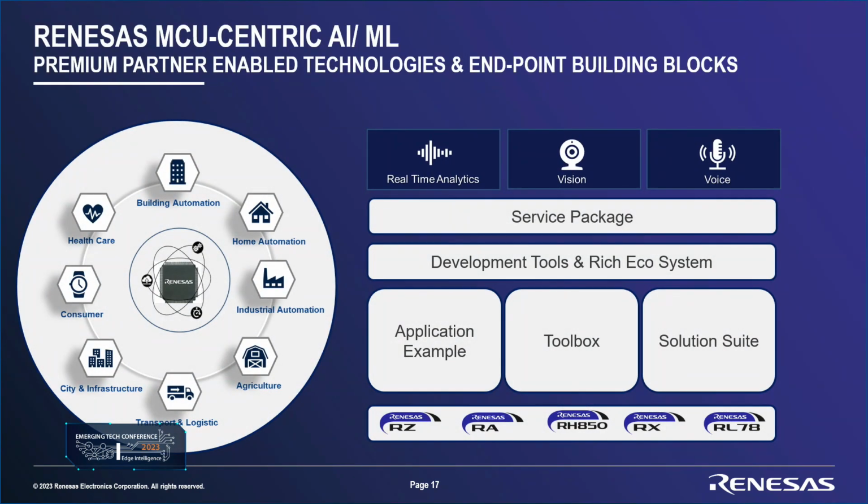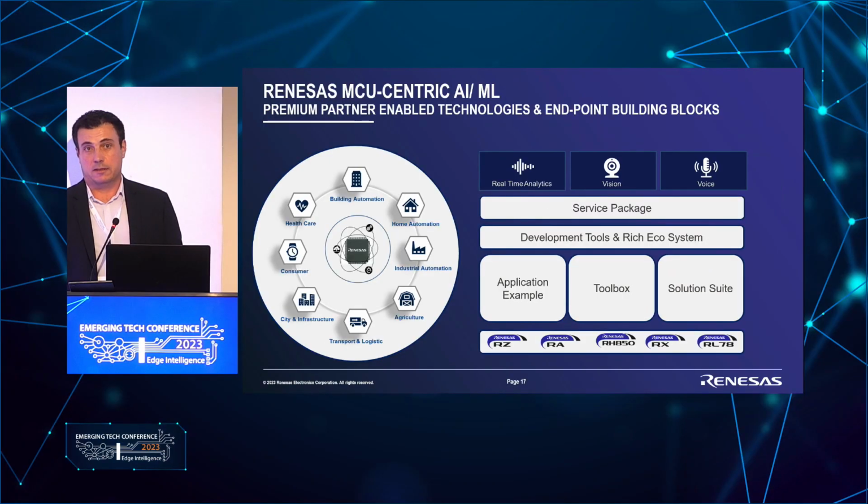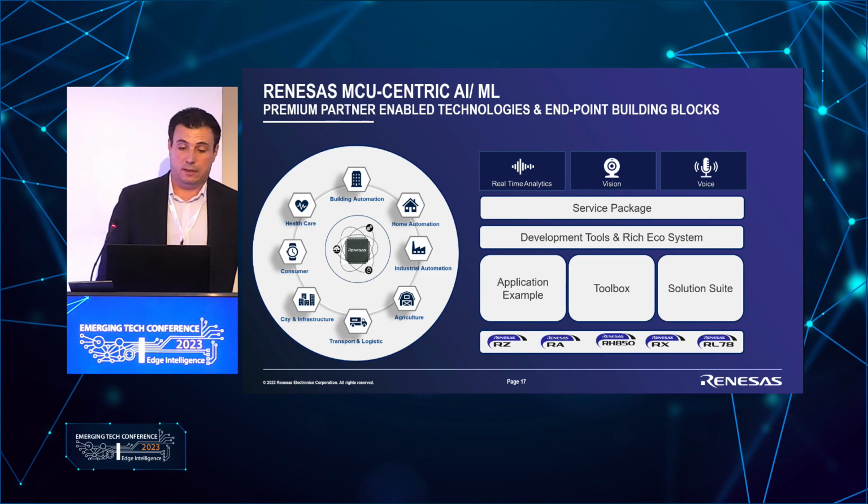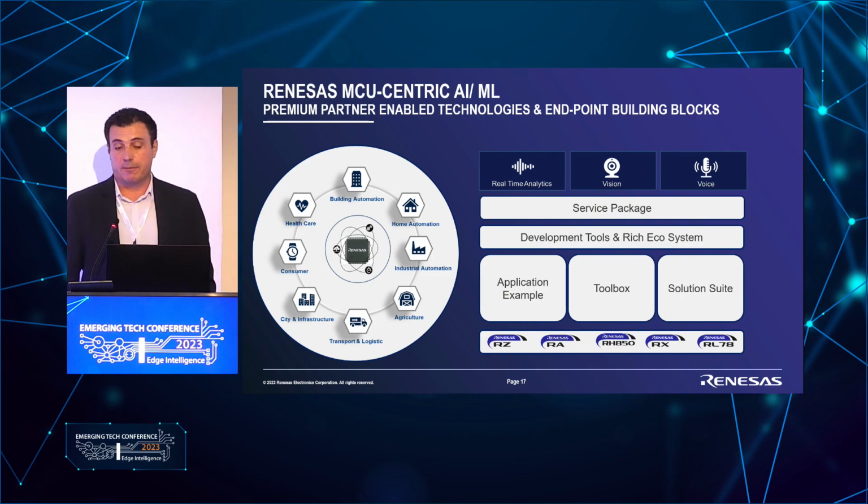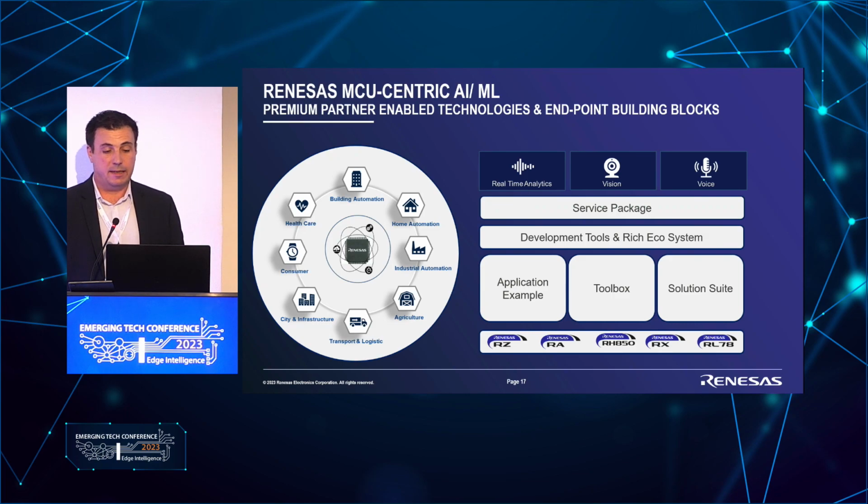The way that we see that, again showing all the flow and the areas where we are active, is that we are able to support products with a service package, with development tools, and of course with an ecosystem to provide application examples, toolboxes, and solution suites that support the whole lineup of our devices, starting from the RZ, one of the high-performance computing devices that we have, going to the RA, which are the ARM-based devices, and RH, RX, and RL78, which are more custom-based devices, from 32-bit operation down to 16-bit operation.